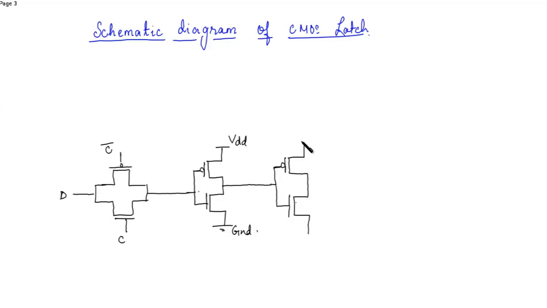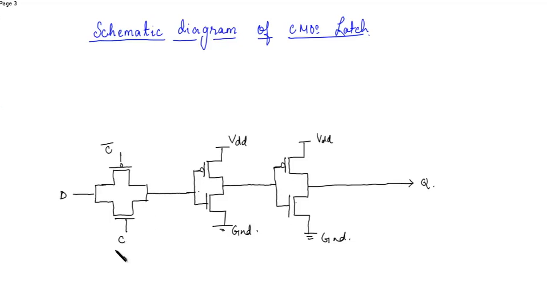This is also VDD. This is ground. So now this is the output Q.